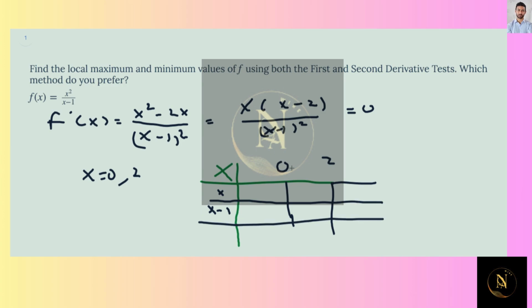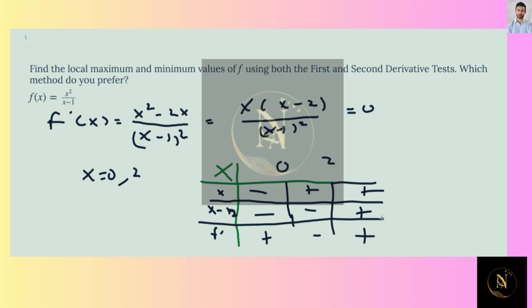For all numbers less than 0, x is negative, and then the rest of it is positive. For x minus 2, it is negative and then positive. So now we multiply to get the sign of f prime. Negative times negative is positive, positive times negative is negative, and positive times positive is positive.